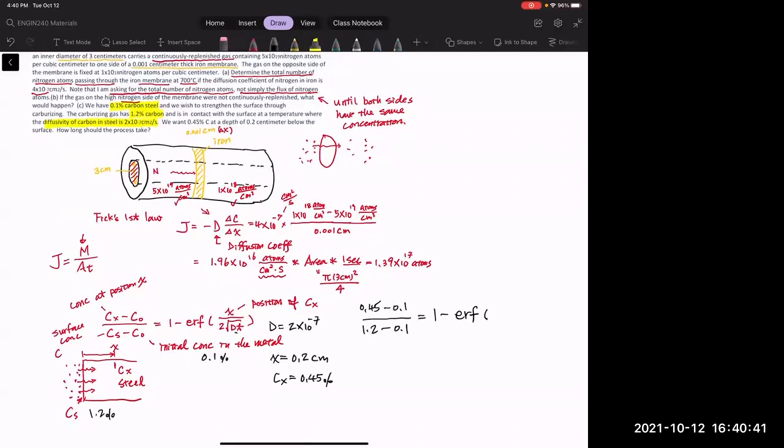So what is the thing we don't know? Time. We don't know time, and we want to find the time. Because I don't know the time, I'm going to say this is some kind of symbol here, which is Z. This is the parameter in the error function. We put the Z over here.